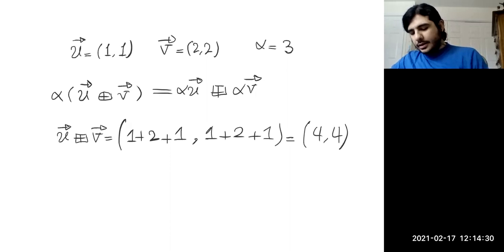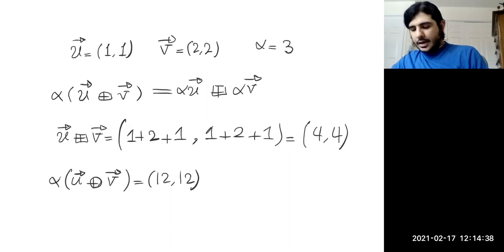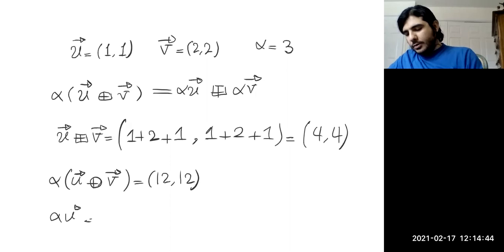If you multiply this result by alpha equal to 3, you would get (12, 12). Now, on the other hand, alpha times u is equal to (3, 3). Alpha times v is equal to (6, 6).